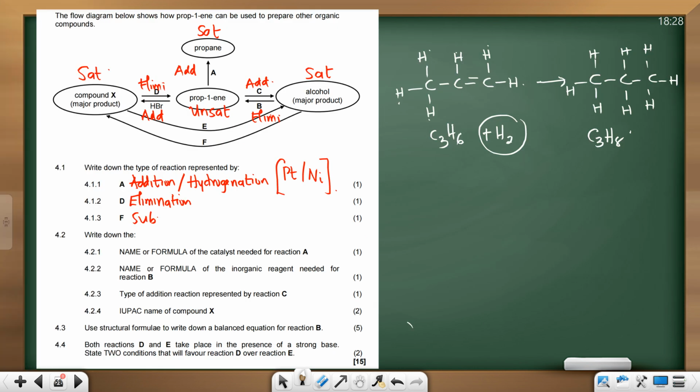I want to finish because I promised. Now, use structural formula to write down the balanced equation for B. May I please ask you to do that for me? First is to understand what that alcohol is. So please start from prop-1-yne and form an alcohol. Let's do that first.